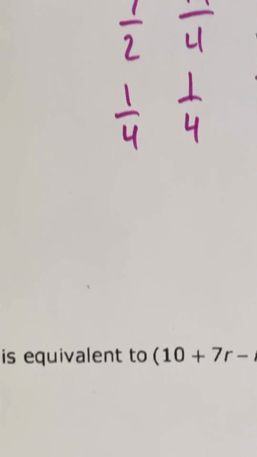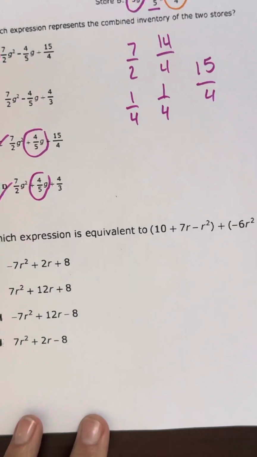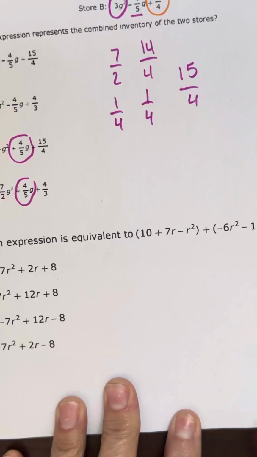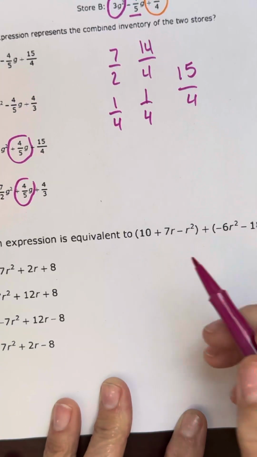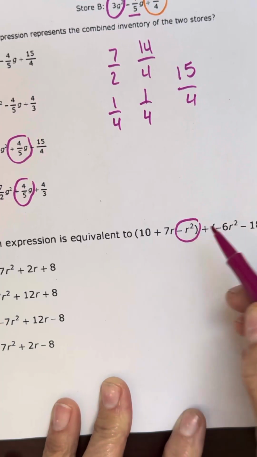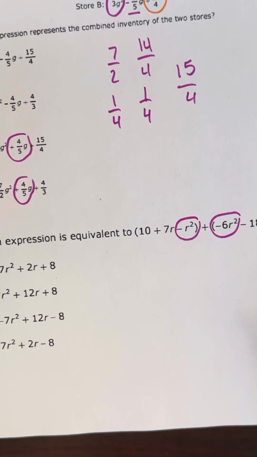Okay, number 2. Same thing, you're combining like terms, we're just adding. If it was subtracting, you would have to distribute the negative, but since we're just adding, you're just adding like terms. So r squared to r. The rule is when you add or subtract, the variables have to be the same and they don't change, or the exponents.